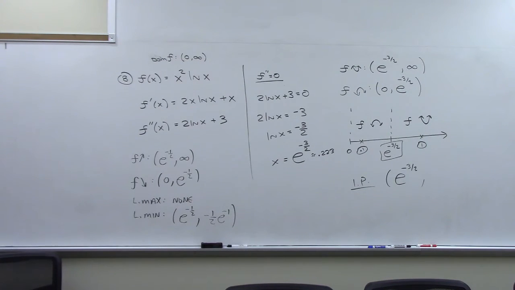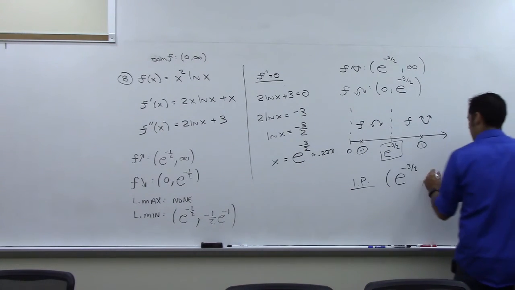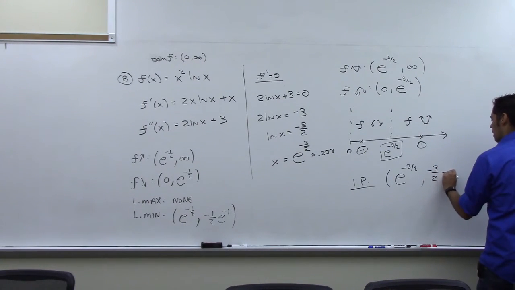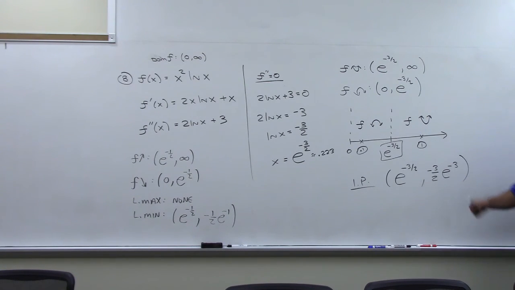Okay, I just want to double check everything here. Yeah, if you plug that into the original function, you'll get negative 3 halves e to the negative 3.